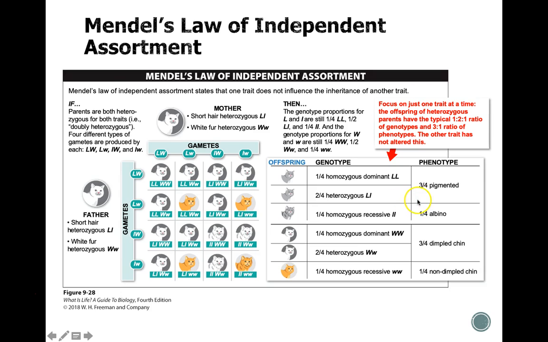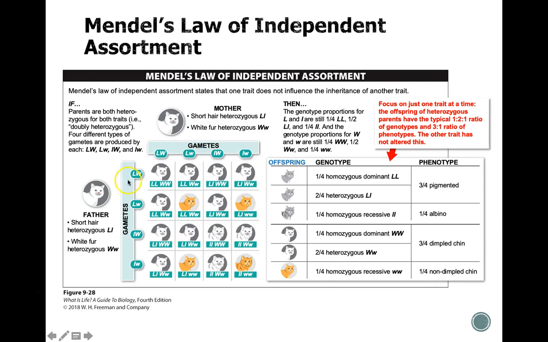So over here, I'm actually not sure what's going on because we have white fur. This must be a different example. Sorry, I don't know why they're doing a summary over here because this is saying pigmented and albino. Anyway, let's ignore this for now.